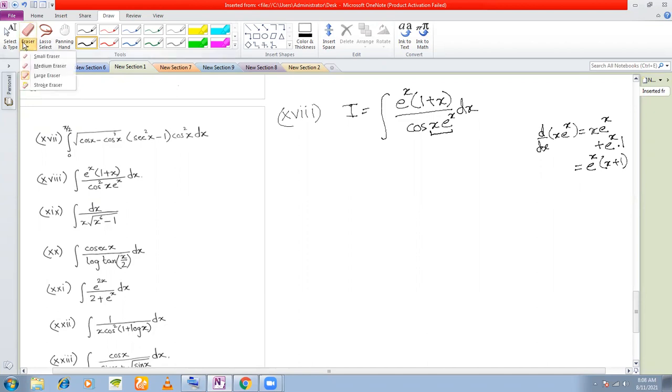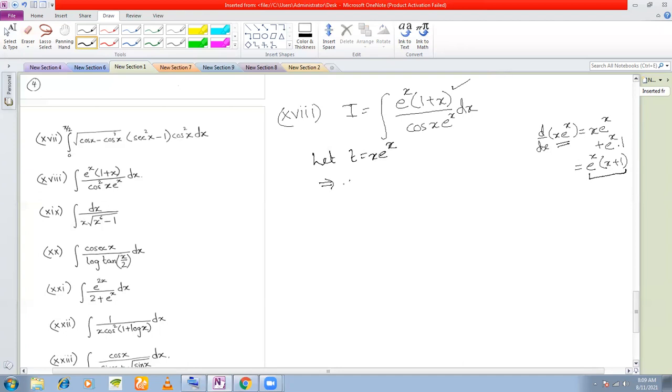Now what you see is that when I put t is equal to x e to the power of x, what is the derivative I'm getting here? e to the power of x into x plus 1, which is equal to the numerator, isn't it? So I'll put t is equal to x e to the power of x.